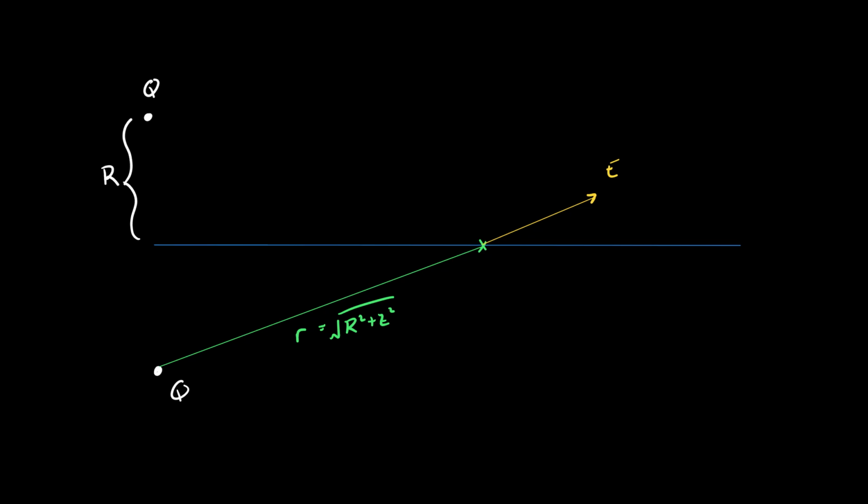But our true answer is to say that, well, there's going to be an electric field potentially in the x direction. Well, I guess z direction would be better for this problem. Z direction and an electric field in the y direction. But it's in the y direction that the electric field cancels out because there's a part of the electric field in the y direction this way and part of the electric field in the y direction that way. We stopped worrying about those because there's a certain amount of symmetry.